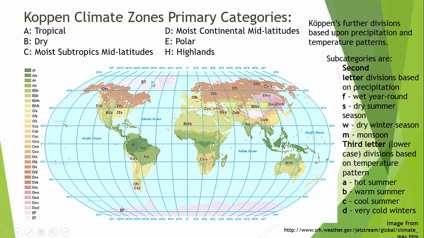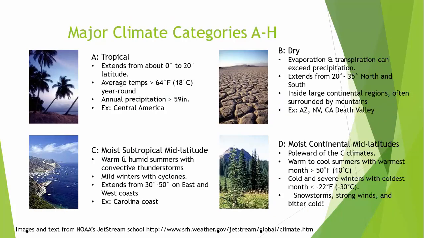And then the pink in the map, so the pink is only in the polar regions, and of course that's a polar type environment. And then we also have highlands. Okay, so highlands are really hard to see on this map, but there's going to be some highlands along the Sierra Nevadas in the United States, in Nepal, in this area with the white, there's going to be highlands. So anywhere where you have very high altitudes, you have a very specific climate area.